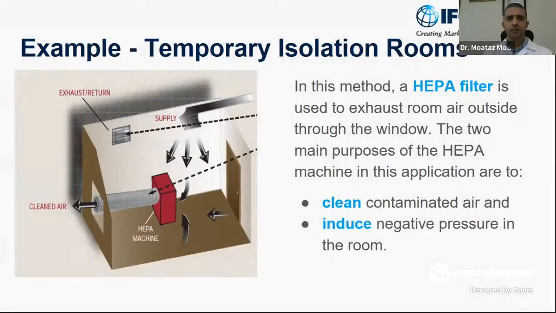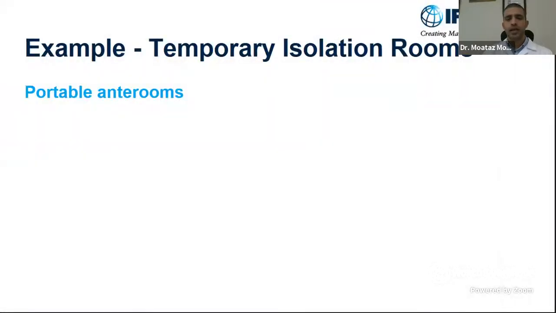Another component for isolation rooms is the anti-room. Many of the isolation rooms we see now in the time of the pandemic do not have the anti-room. And there is a concept in the same guideline, published by the state of Minnesota, which is the portable anti-rooms.